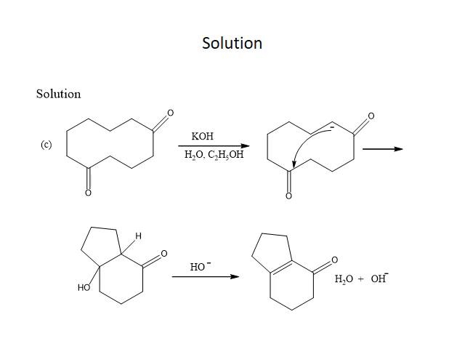But because the 4-membered ring is too unstable to exist, the equilibrium shifts towards the formation of the much more stable 6-membered ring.